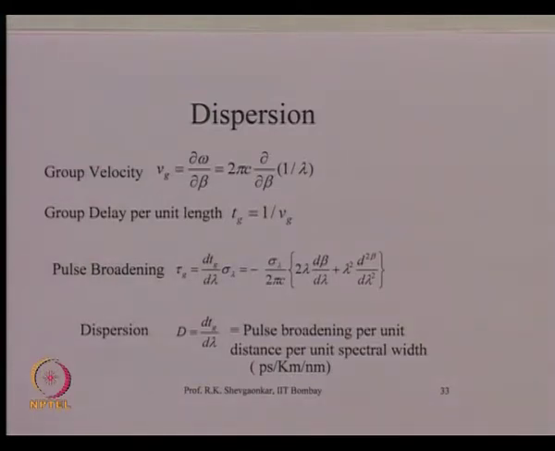So, what we are saying here is that different carriers which are modulated travel with different velocity, and because of that you get a pulse broadening. Since we are talking about propagation of a pulse here, we are now interested in what is called the group velocity on the optical fiber.